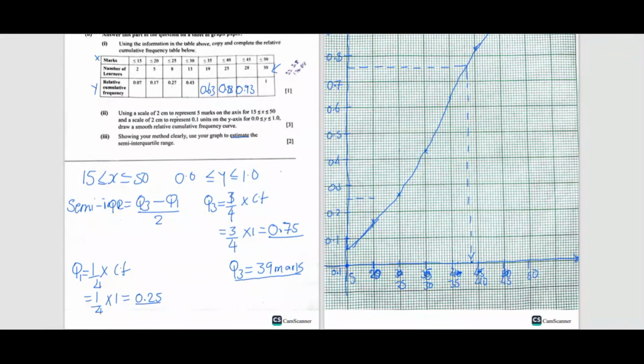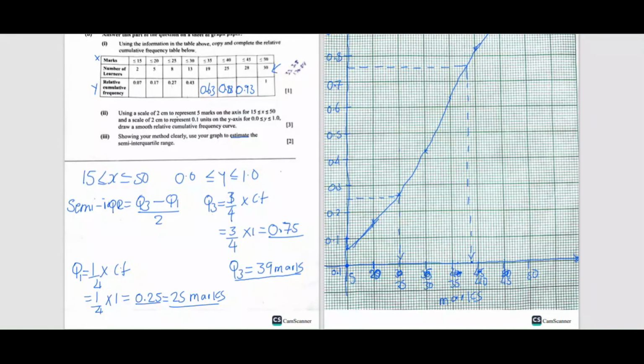So then we'll do the same. We'll move parallel to the x-axis. Then upon reaching the curve, we move down. So according to my calculation here, I'm getting the exact value. So this is giving me 25 marks. The reason I'm saying marks is because in the x-axis here we have marks, then the y-axis is dealing with the number of learners.